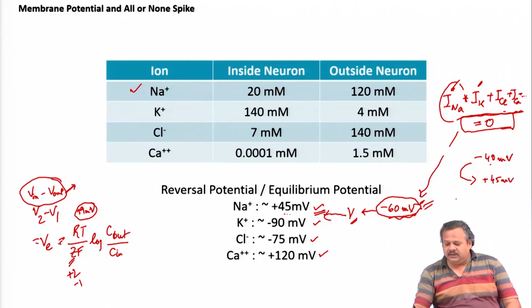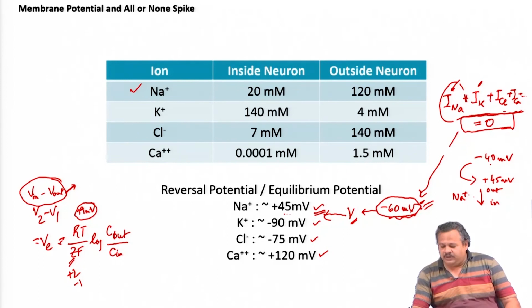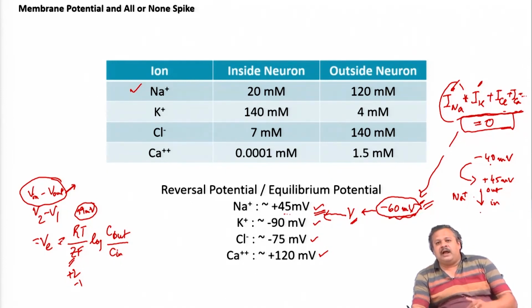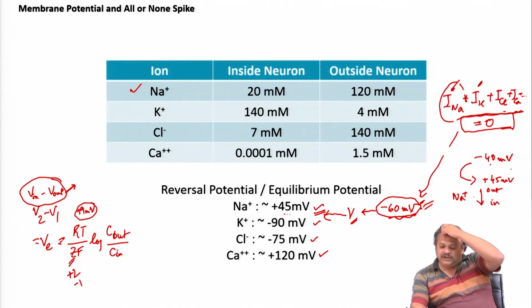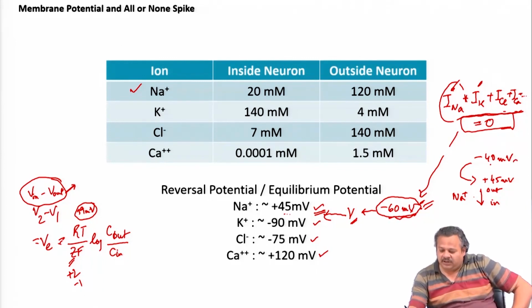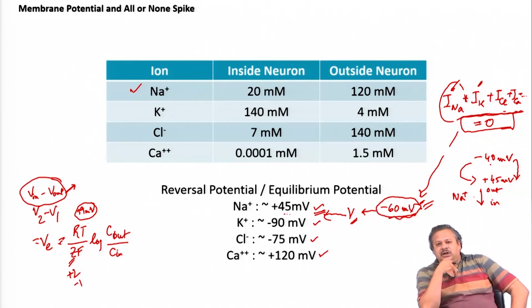Sodium being positively charged, it will go into the neuron from outside to inside, that is, positive charge will go in, and that will cause the potential to go higher towards the equilibrium potential of sodium.